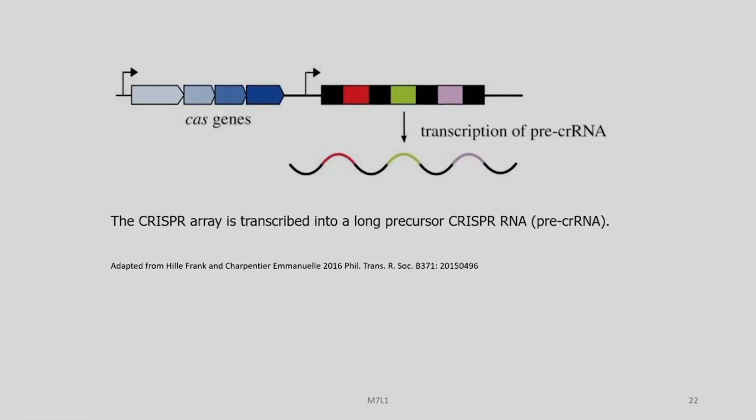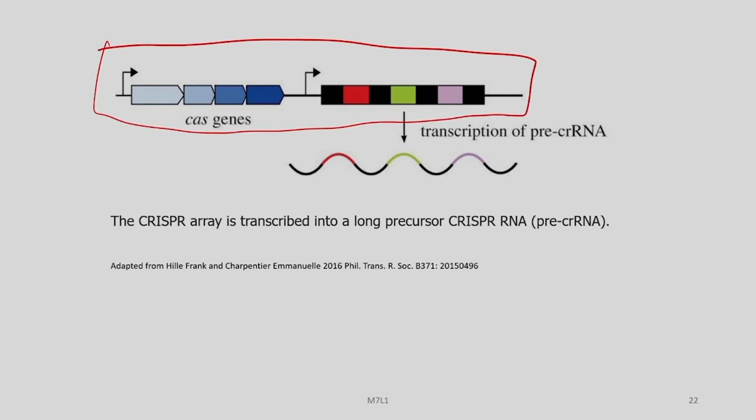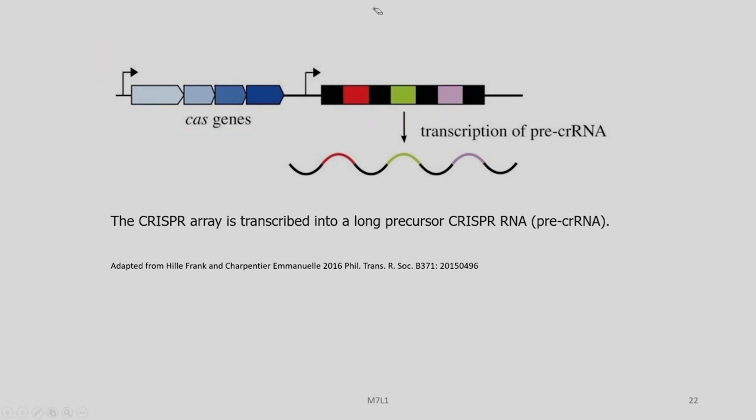Now, let us look into the expression of the CRISPR-Cas loci. So, we know about these CRISPR-Cas loci now. These loci or genes get transcribed into a pre-CRISPR RNA.